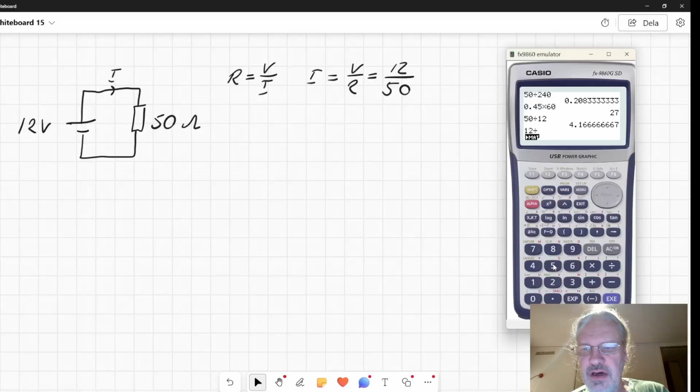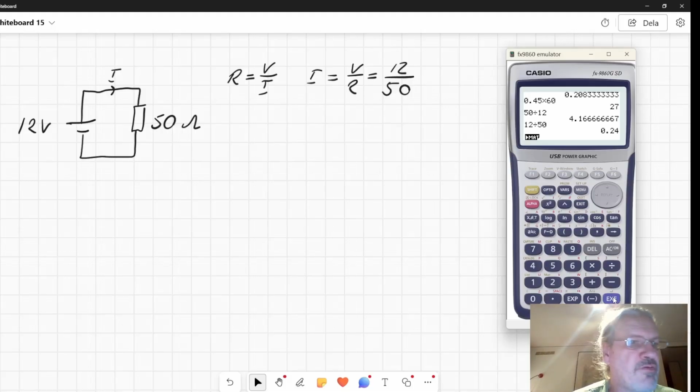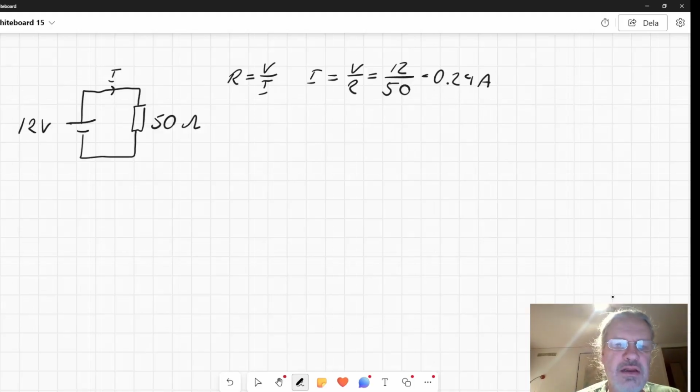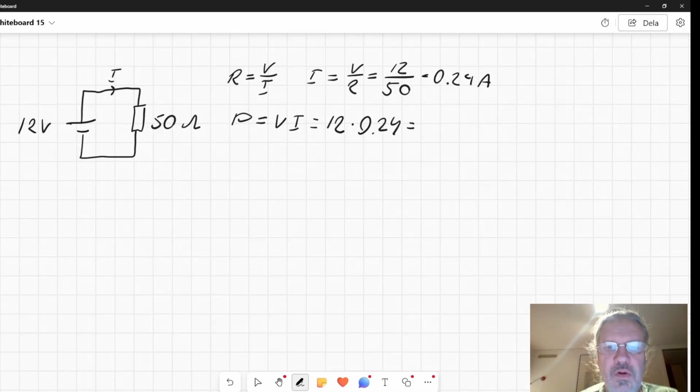12 divided by 50, and that will give us 0.24 amps. And then we can calculate the power equals voltage times current equals 12 times 0.24.